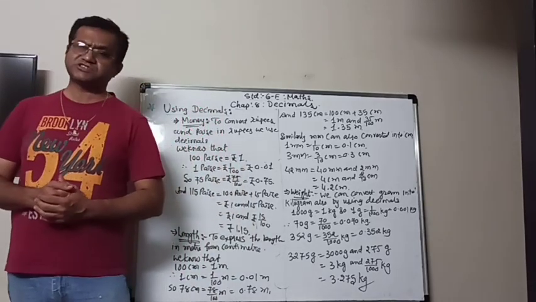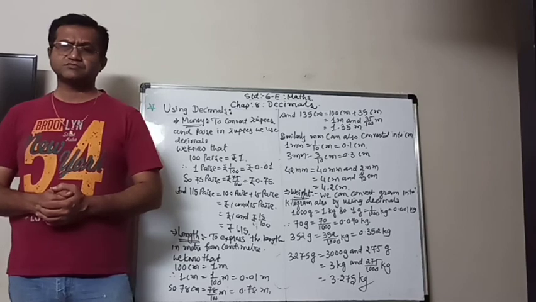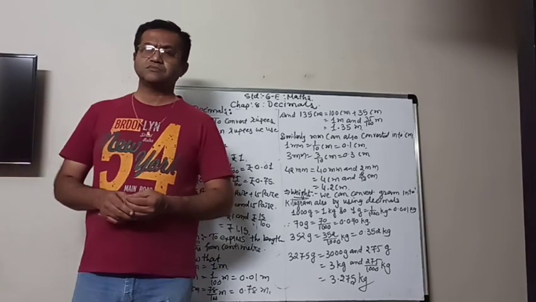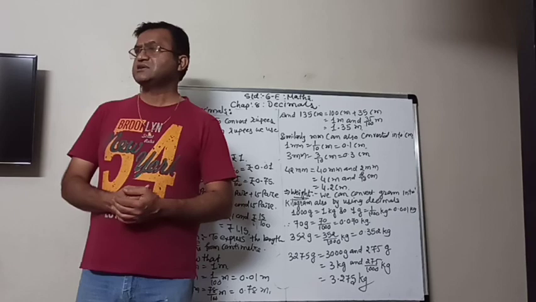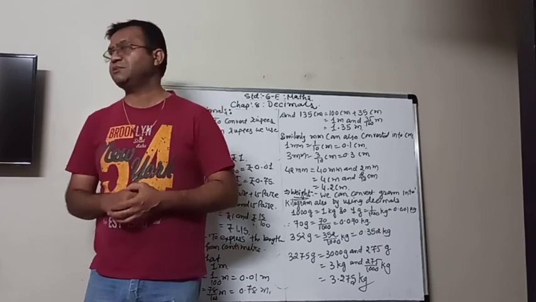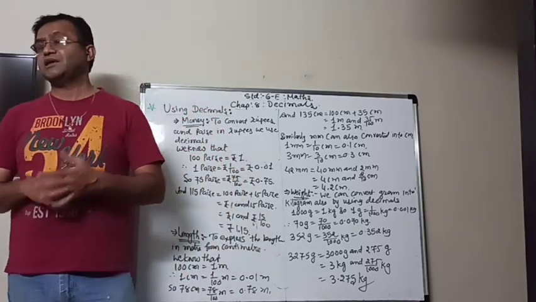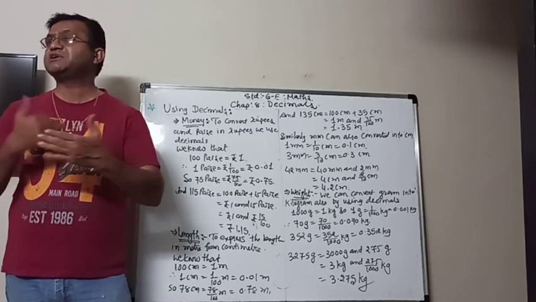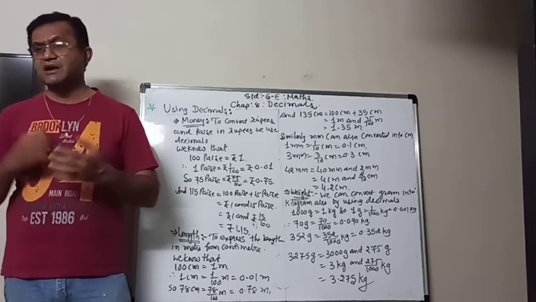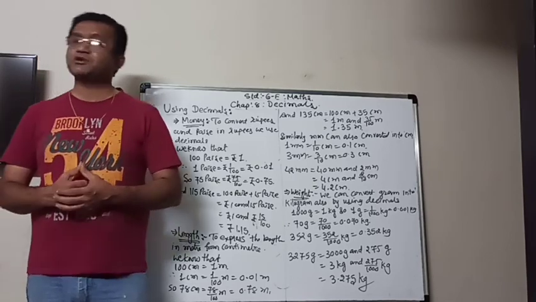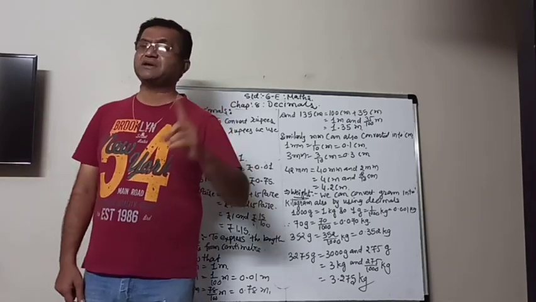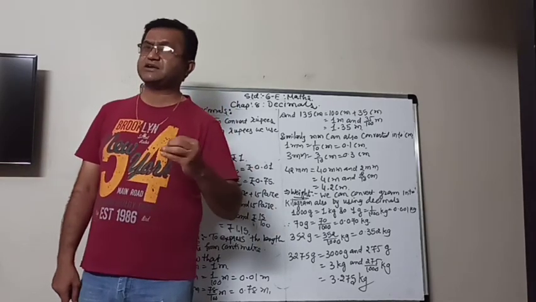Let me talk about the centimeter and meter. When you buy clothes, if you need 7 meter and 50 centimeter, then you have to convert them into meters by using decimals, because we know that 1 meter is 100 centimeter.